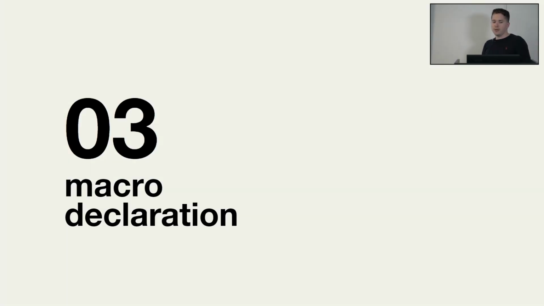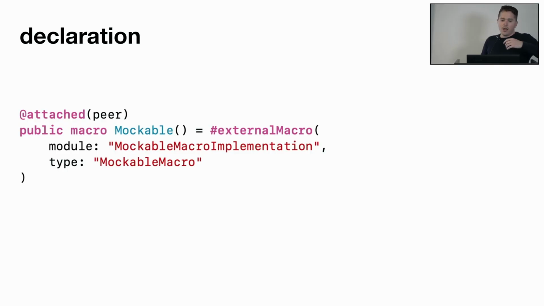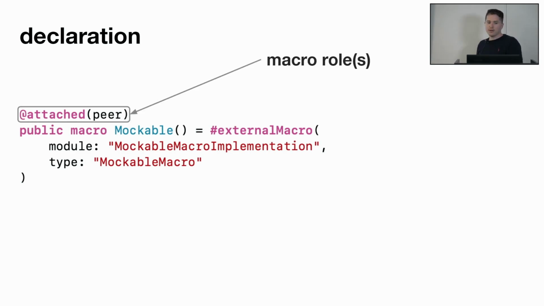So with the role determined, we can write our macro declaration. Here you can see the macro declaration for Mockable. If you don't look at the right side, it is almost indistinguishable from a function declaration. First, we use newly introduced attributes to specify the role.